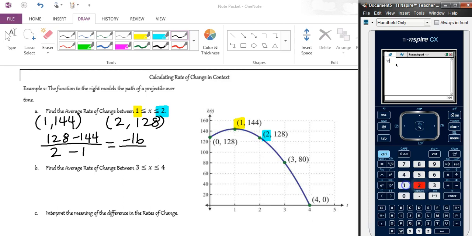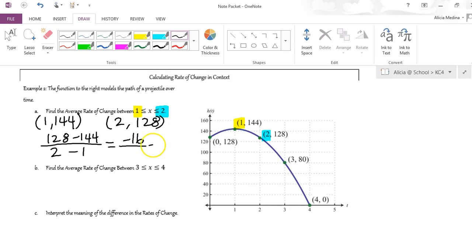You can take 128 and subtract 144, right? It says negative 16. 2 minus 1 is 1. So our answer then is negative 16.